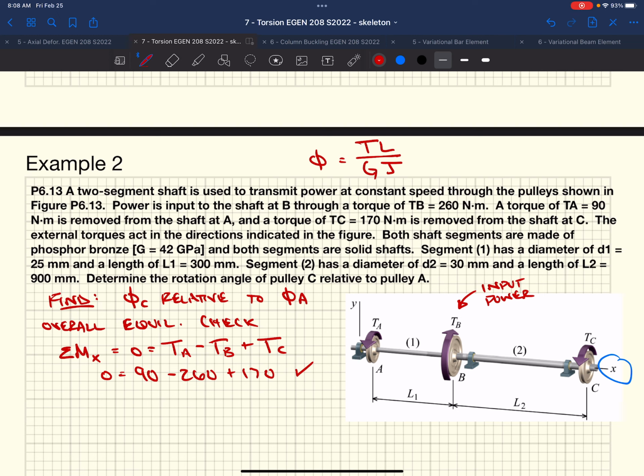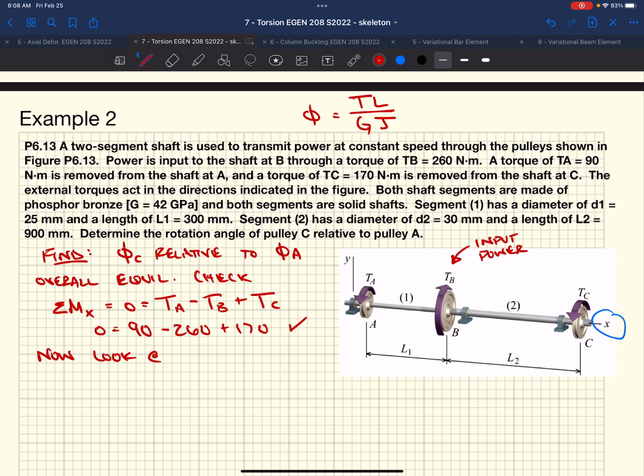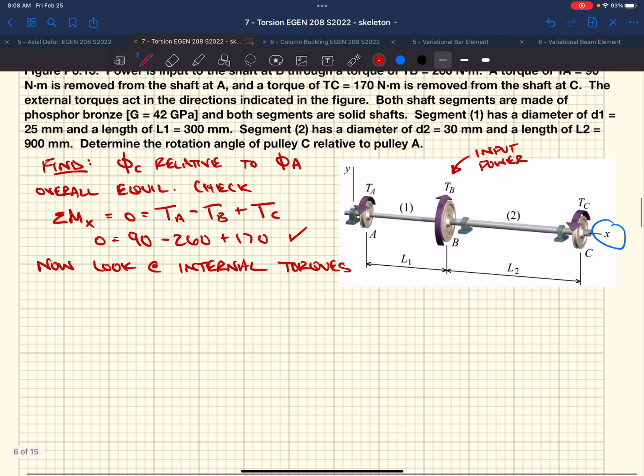So now we need to look at internal torques. How would we do that? When we try and find internal forces, what do we usually do? Draw a free body diagram.